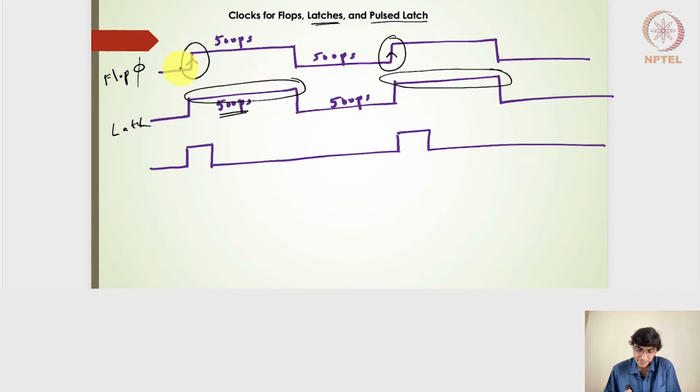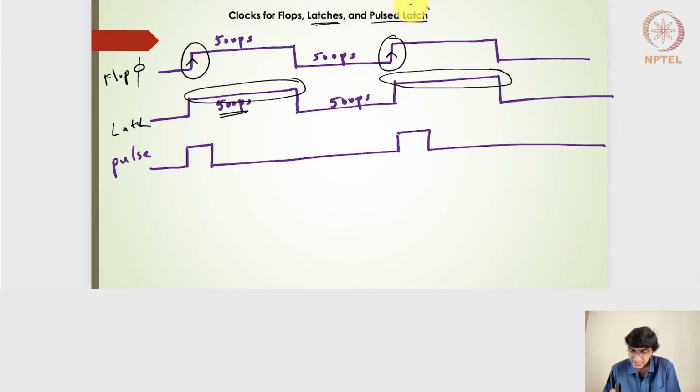But at the same time, we don't have such a tight constraint where the output should be captured at the edge. So there is some room here in the pulse signal. That's why this pulse signal will act as the clock for the pulse latch. If I pass this pulse to any kind of latch, then it will be called a pulse latch.